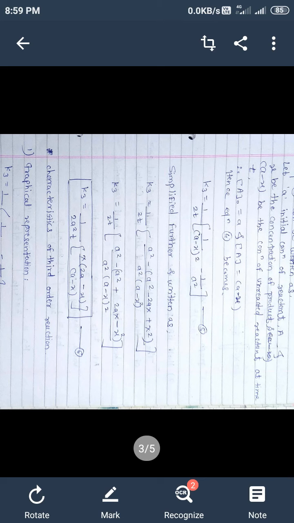Simplify further and written as K3 is equal to 1 upon 2t in bracket a squared minus (a minus x) squared upon a squared into (a minus x) squared, bracket complete.